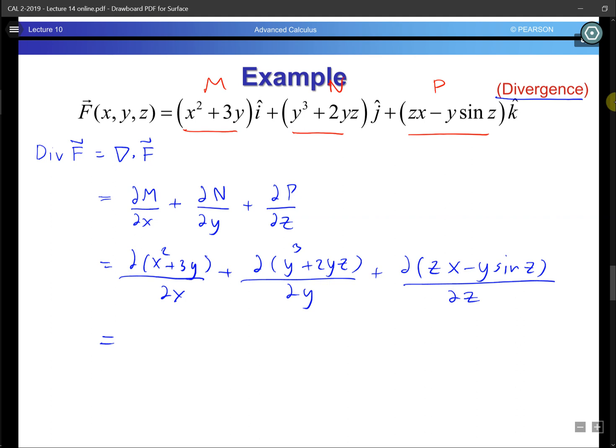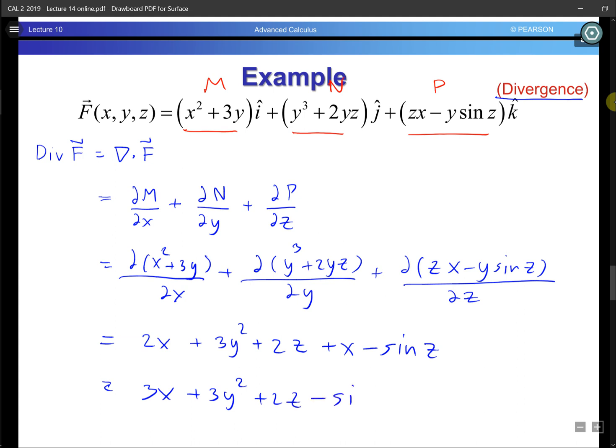This is equal to 2x, plus 3y squared plus 2z, plus x right here, and minus sine z. In the end, you can answer with confidence that this is equal to 3x plus 3y squared plus 2z minus sine z.